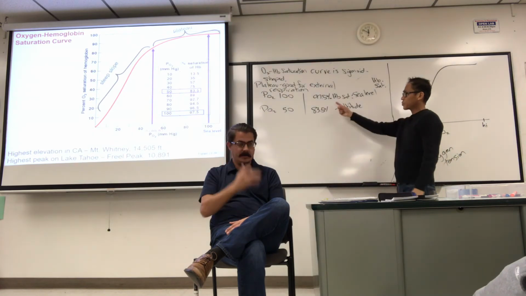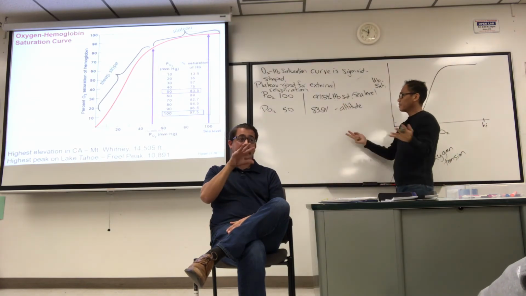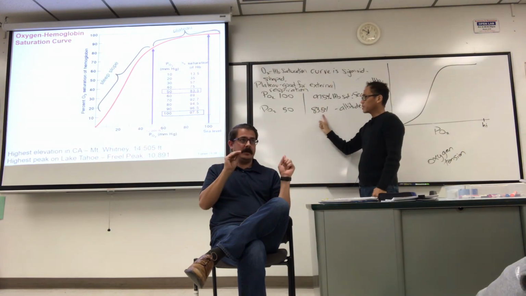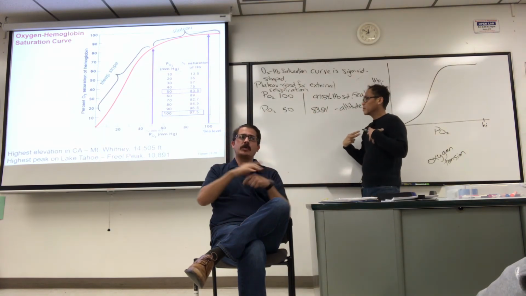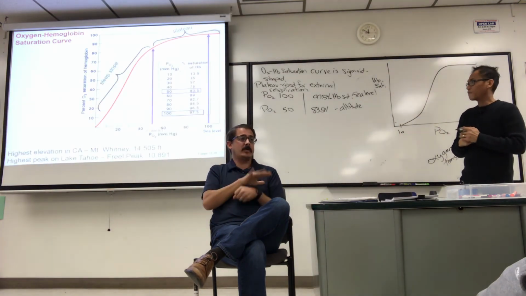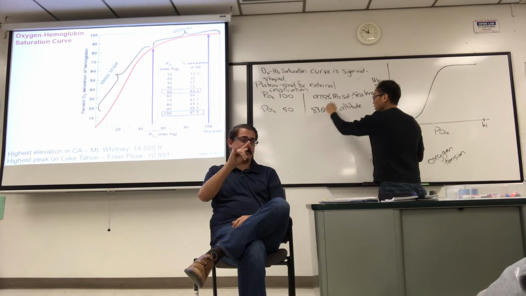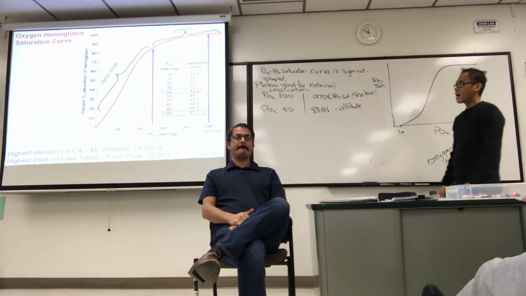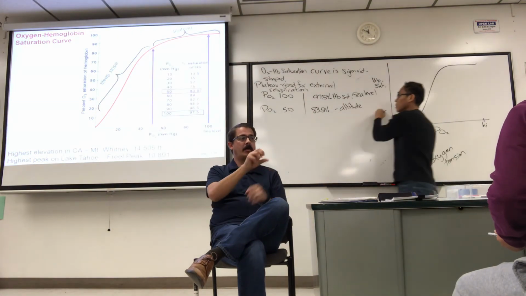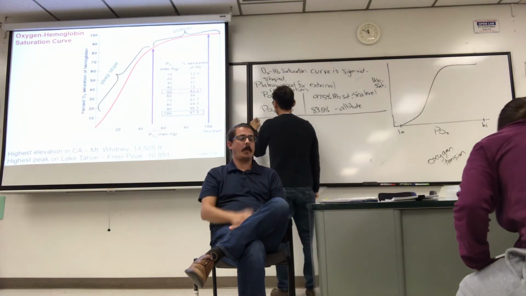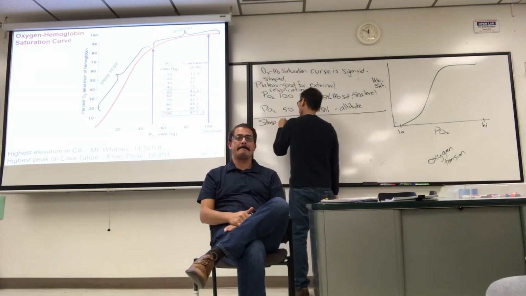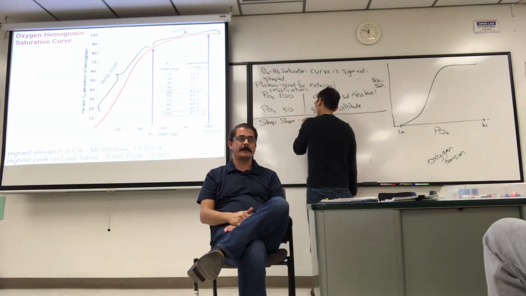Okay, so this is good for external respiration. The air you breathe, even if it gets down to 50, you're still relatively saturated. So in the lungs, the hemoglobin is pretty well saturated, 83.5%. And then you have the big drop-off called the steep slope, and that's good for internal respiration.